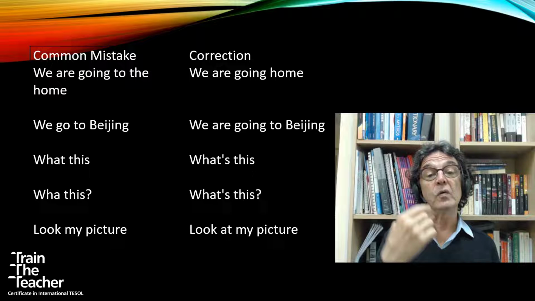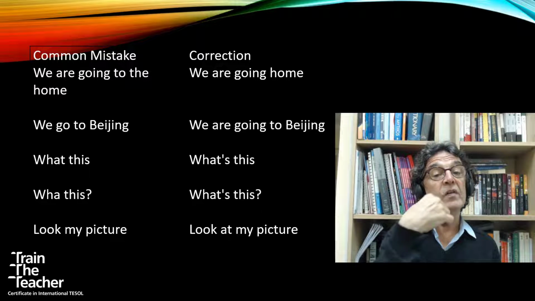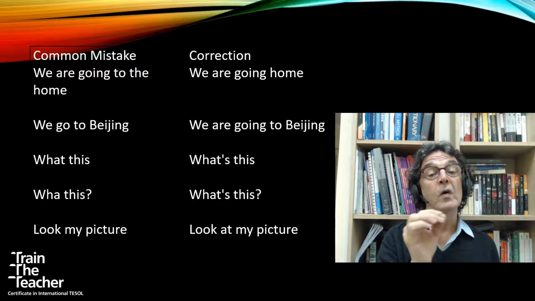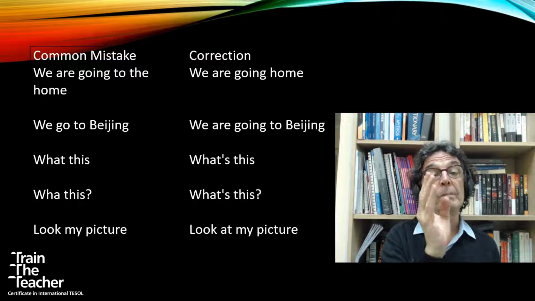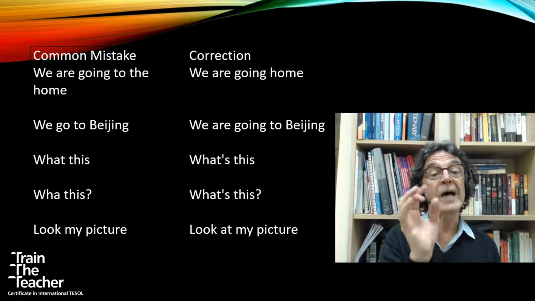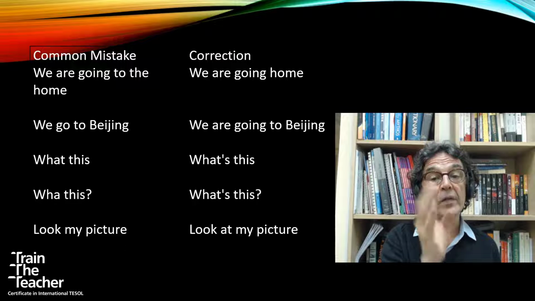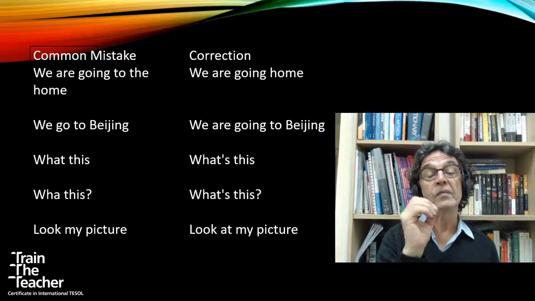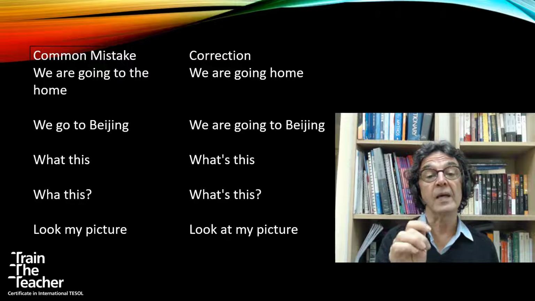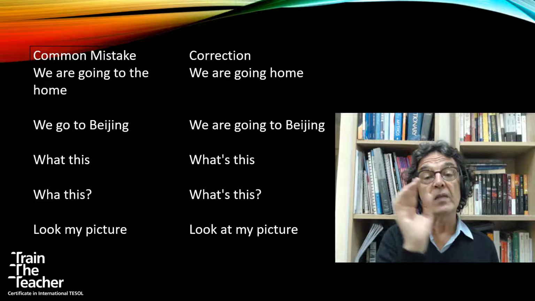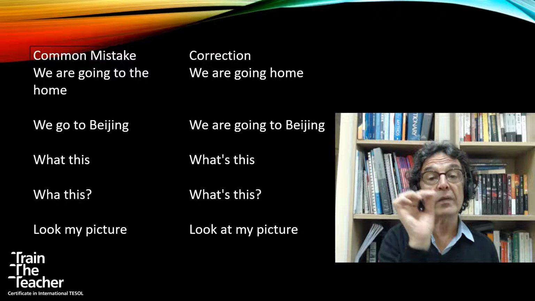The home means an institution. So if I said to you, "I'm going to the home", you would probably think I meant I'm going to visit my elderly parent who's living with a lot of old people in a place that's called a home. If young people have broken the law and perhaps they get sent somewhere for correction, then that place can also be called the home.